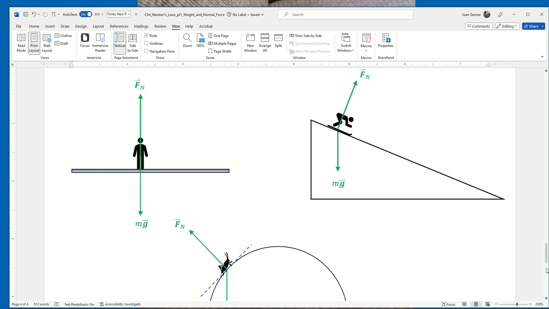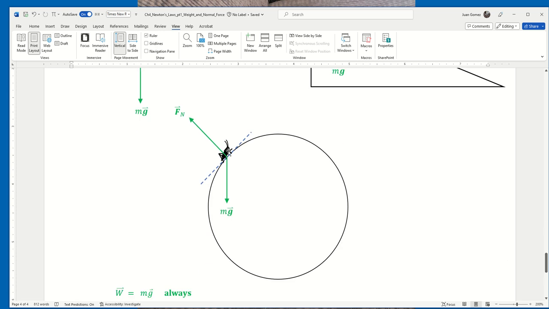Let's look at the ubiquitous bug and the bowling ball. Again, the bug is in contact with the bowling ball, ergo the bowling ball will exert a normal force on the bug. Notice this blue dotted line: right where the bug is in contact with the bowling ball, it is tangent to the bowling ball.